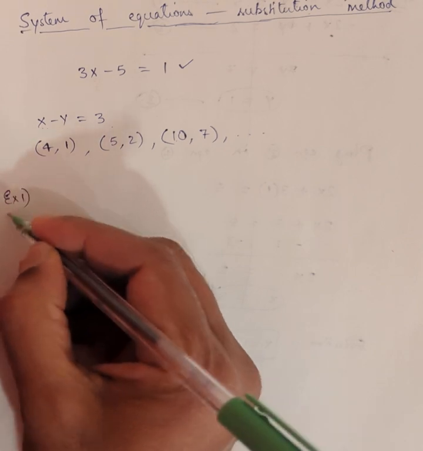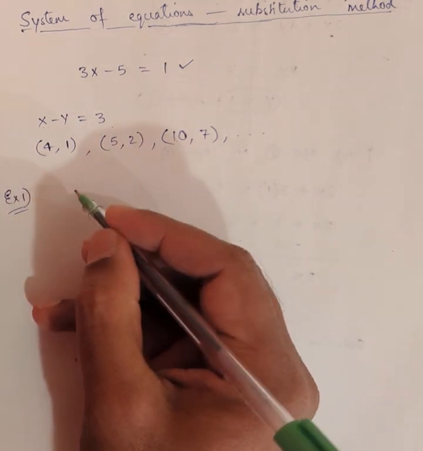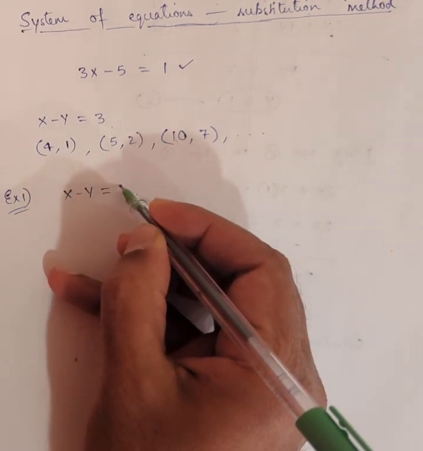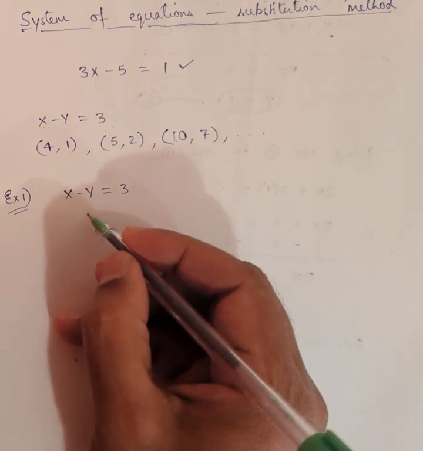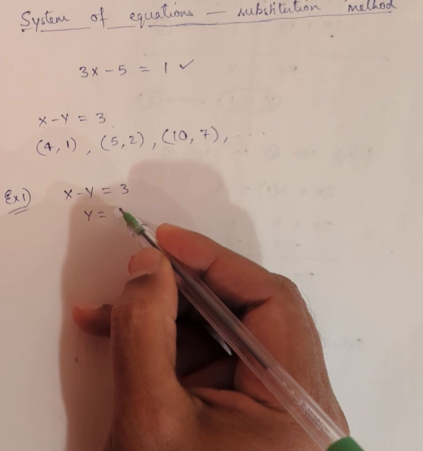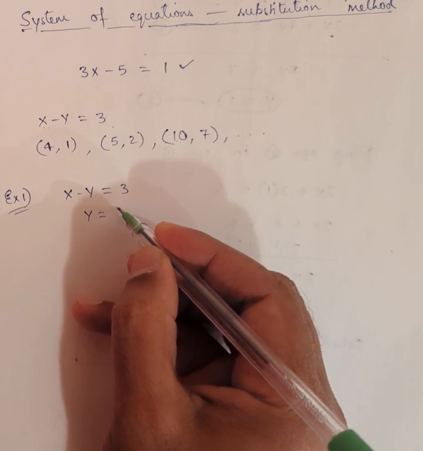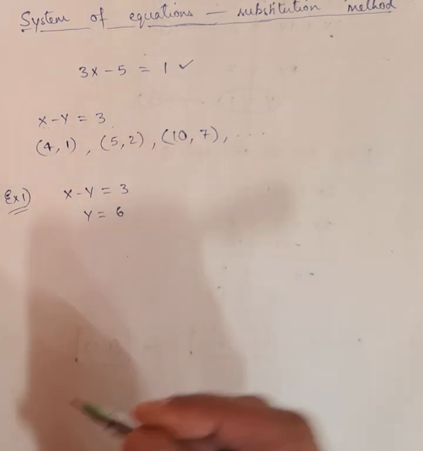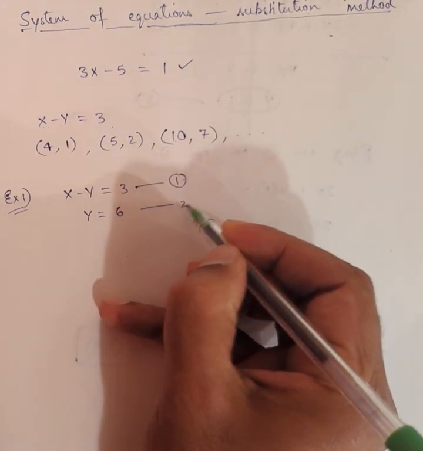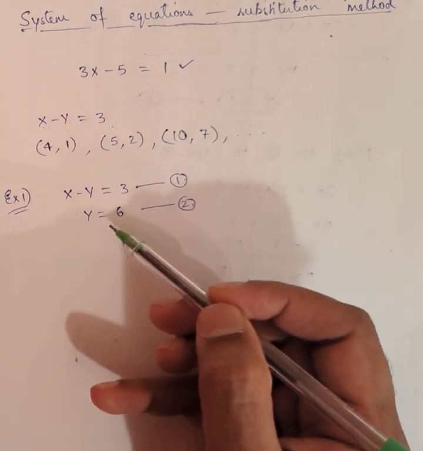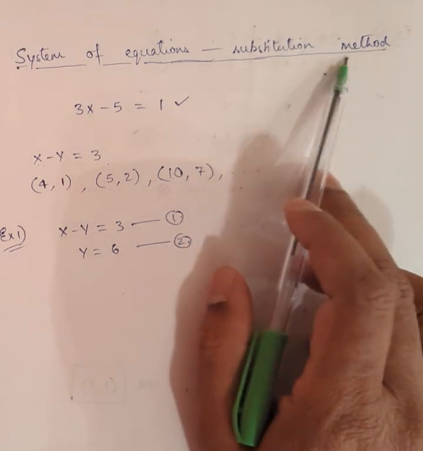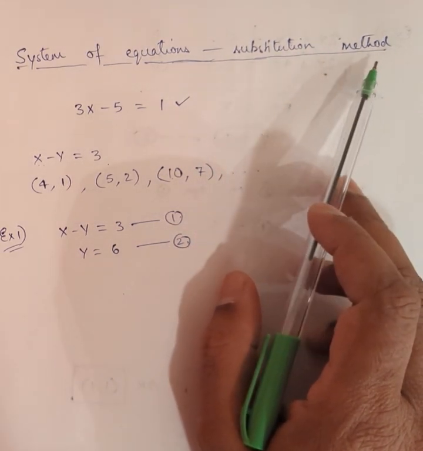Now, if you have two variables and two equations, say x minus y equal to 3 and, I'm going to keep it simple, y equal to 6, then there are several ways to solve, but sometimes the substitution method is easier than other methods.